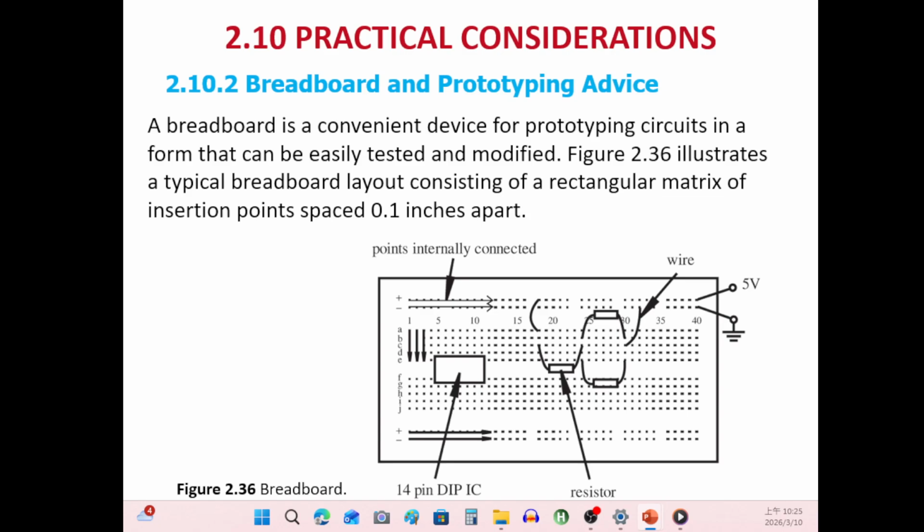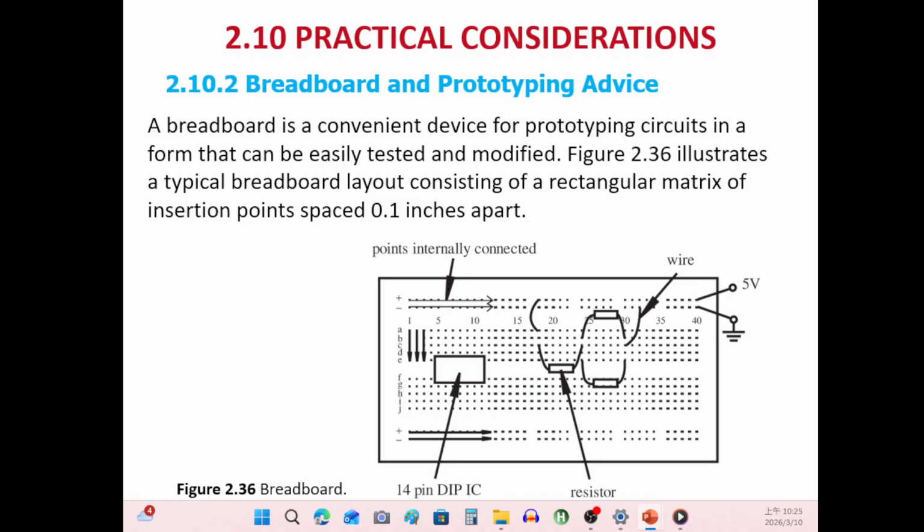Normally we connect the power to this line and connect the ground to this line. But in between, there are a lot of columns, right? All the columns are connected together. And in this board they are marked from 1 to 14.